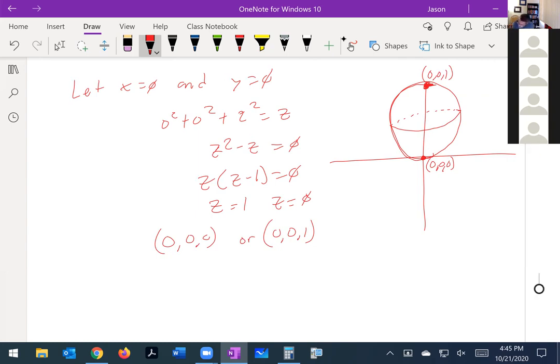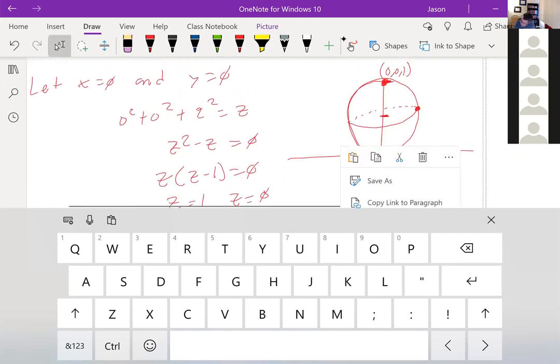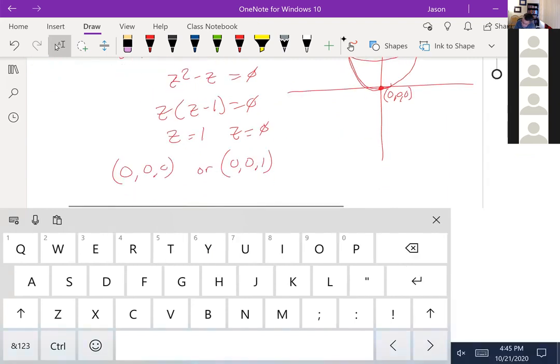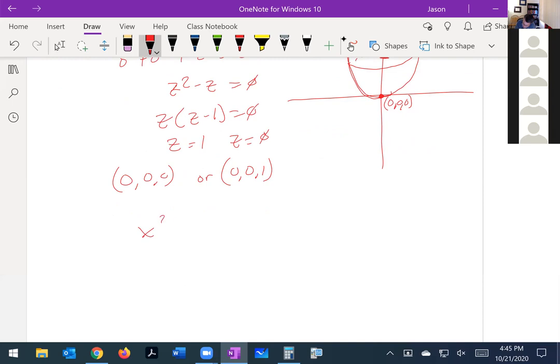Where's the equator? Any idea where the equator would be? Well, it would have to be halfway for z, right? Wouldn't z equal 1/2? So z would equal 1/2. That's going to be x squared plus y squared plus z squared equals z.